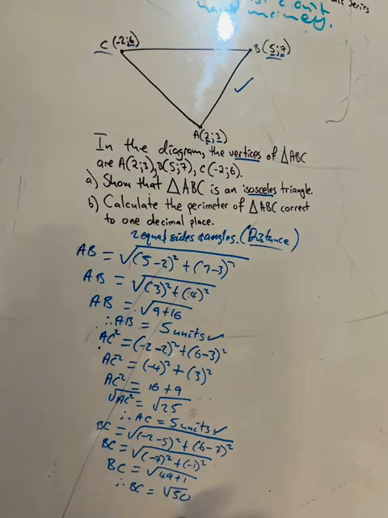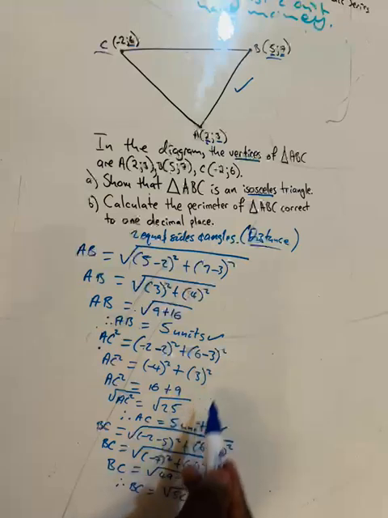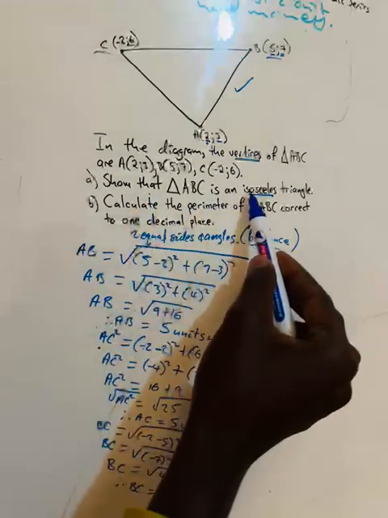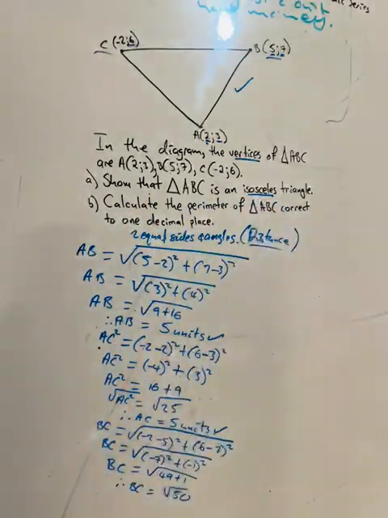Why am I doing this? 50 is not a perfect square, and it's different from what we got, square root of 25 and square root of 25, which was 5 units, perfect squares. So we can conclude that, therefore, triangle ABC is an isosceles because we've got 2 equal sides. So I hope it makes sense.